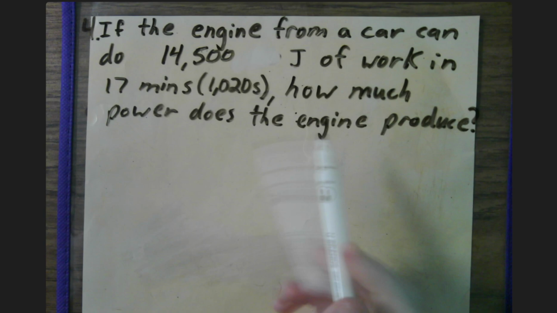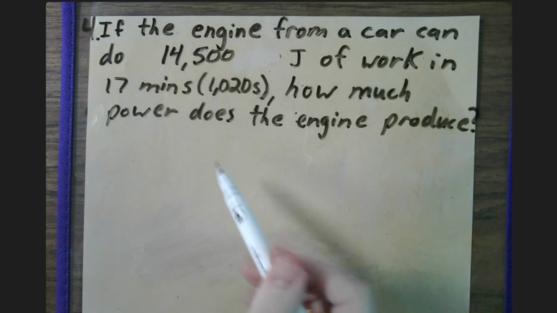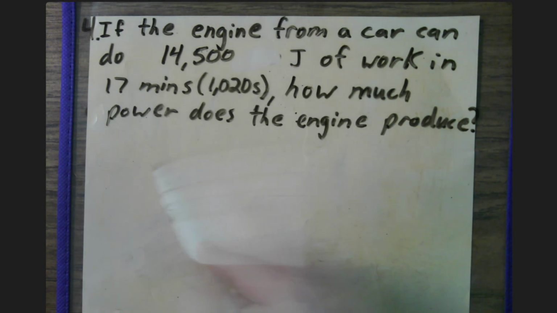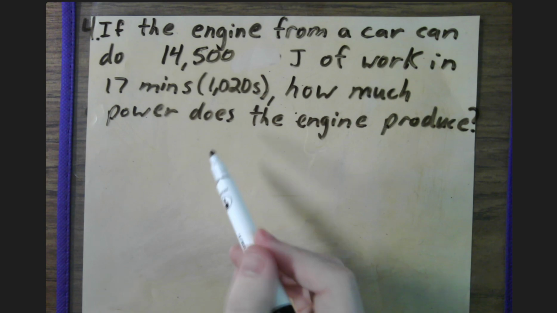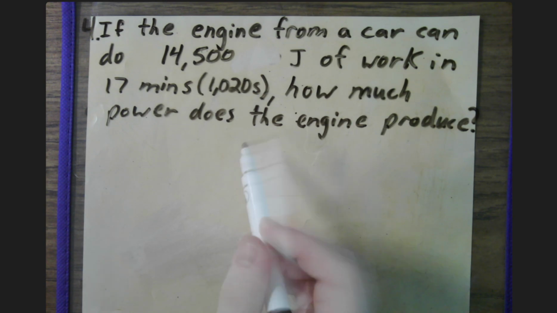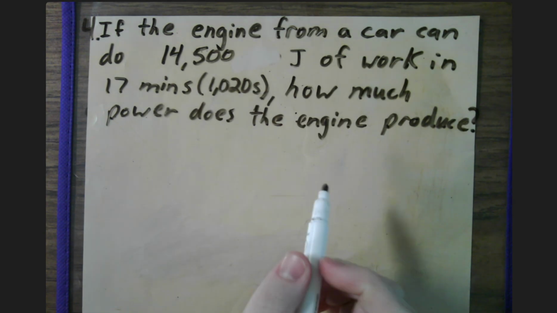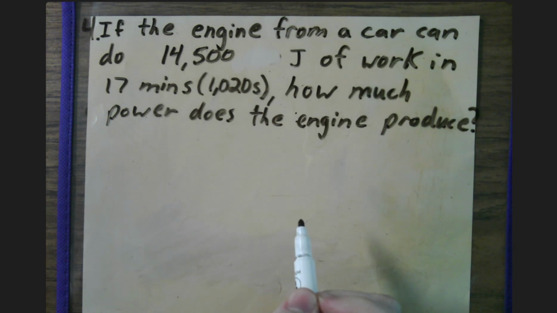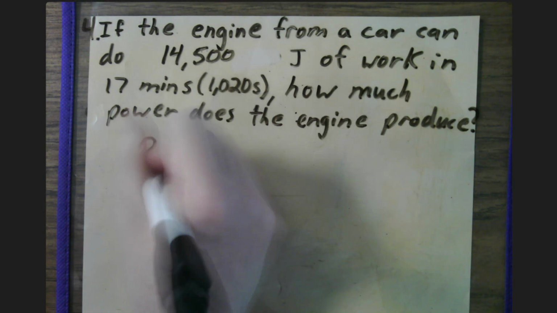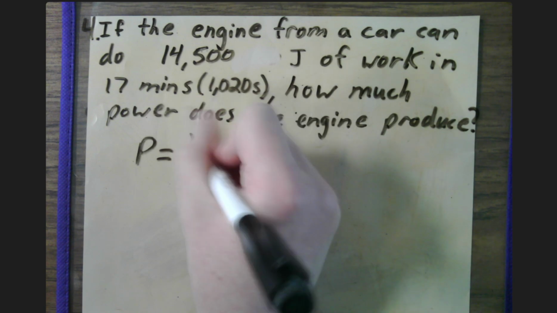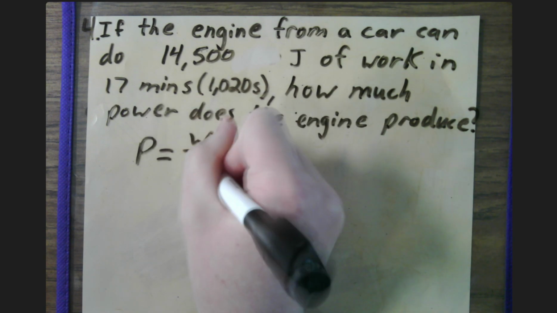If the engine from a car can do 14,500 joules of work in 17 minutes, or 1,020 seconds, how much power does the engine produce? Well, now we have a new formula for power. Power is equal to work divided by time.